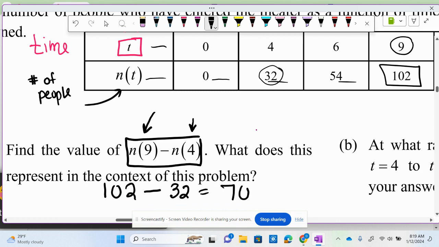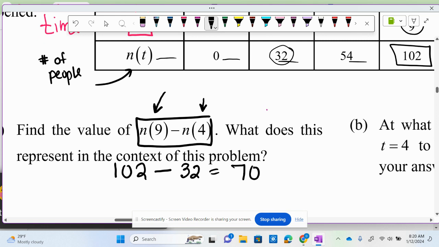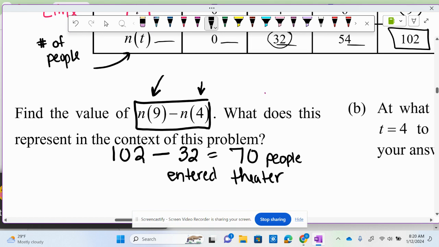70. So the question says, what does this represent in the context of the problem? So that N of something represents the number of what? Number of people. So that means that 70 people entered the theater. And what was our interval? Over what interval of time?